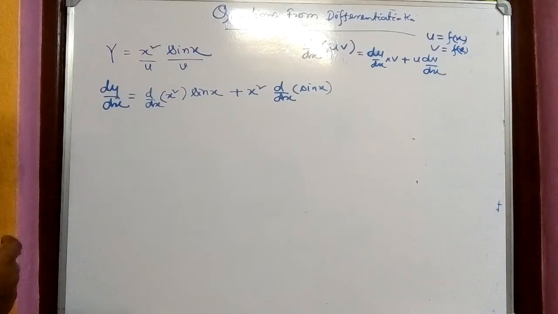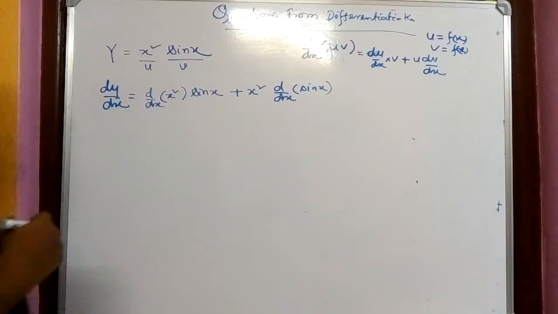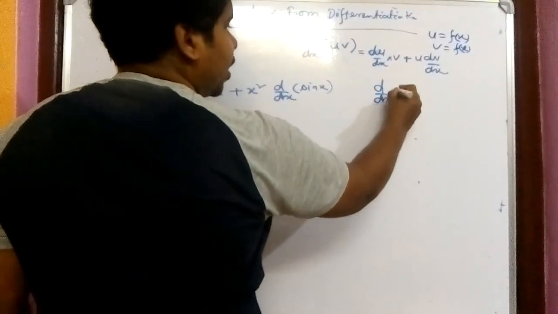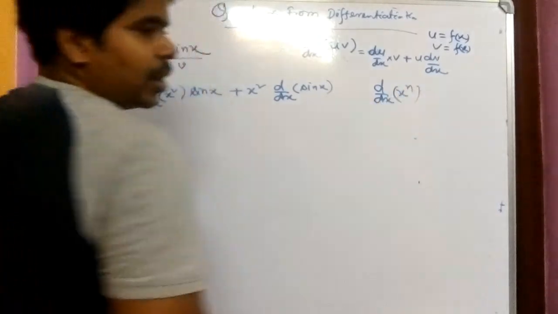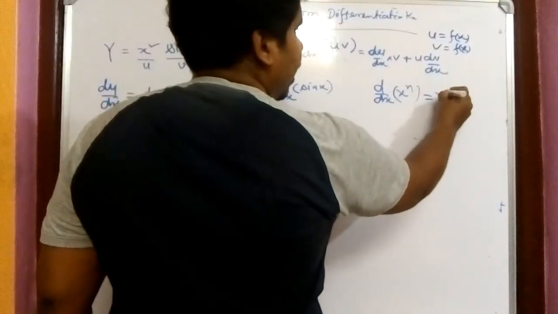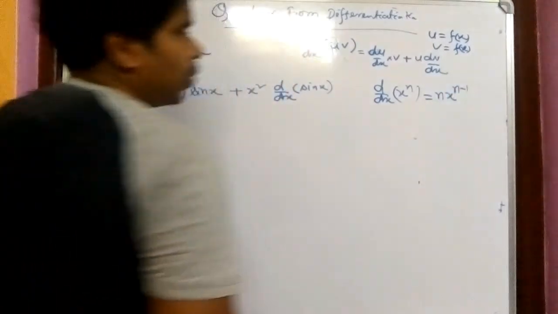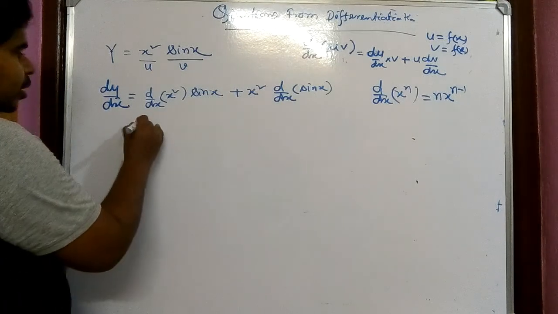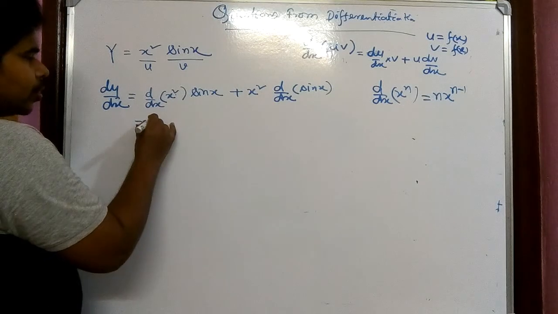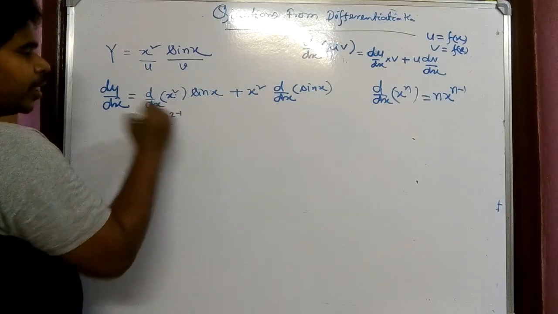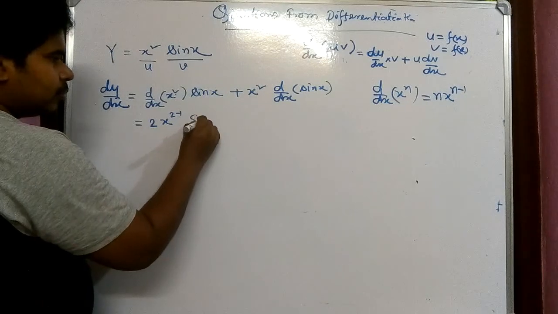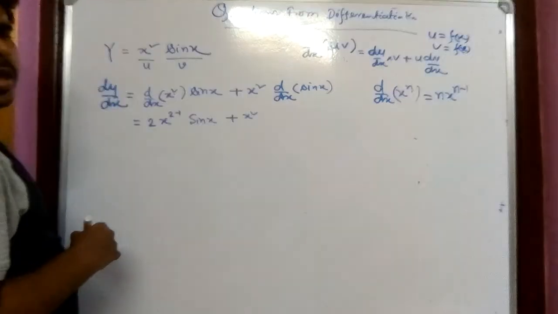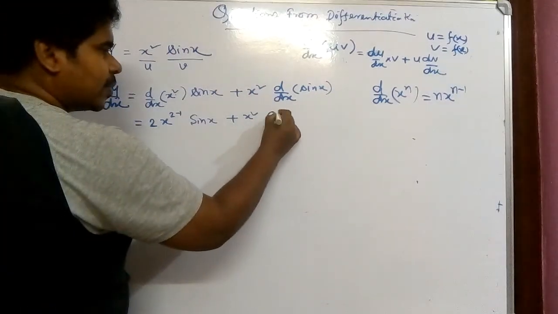If I differentiate it, for d dx of x square, we learned a law that d dx of x to the power n is n x to the power n minus 1. Here n will be 2, so 2 x to the power 2 minus 1 into sine x, plus x square, and d dx of sine x we know is cos x.